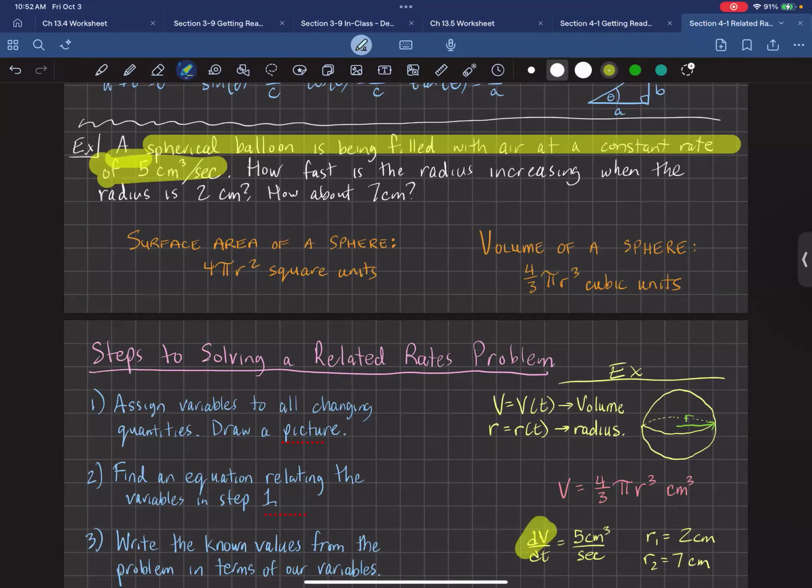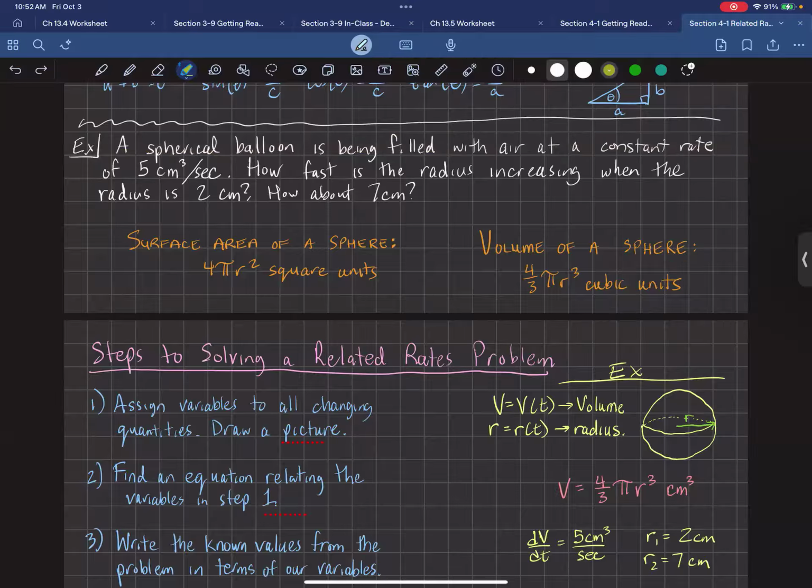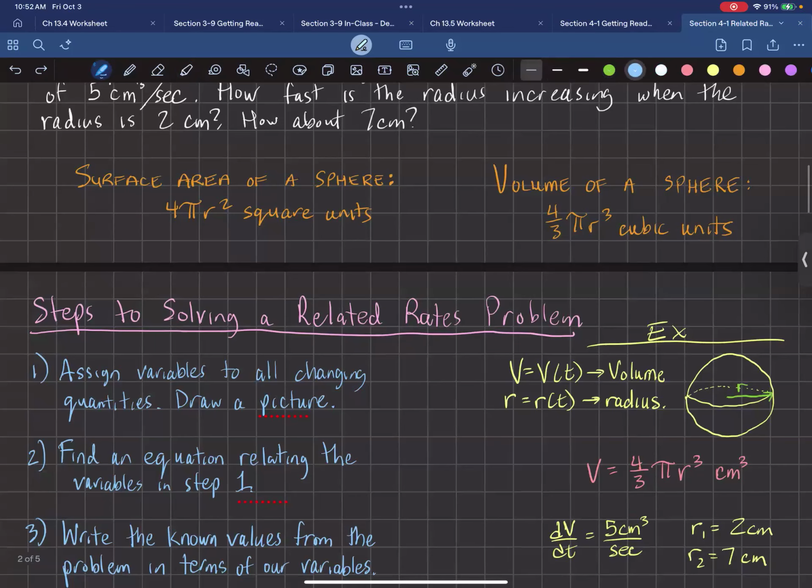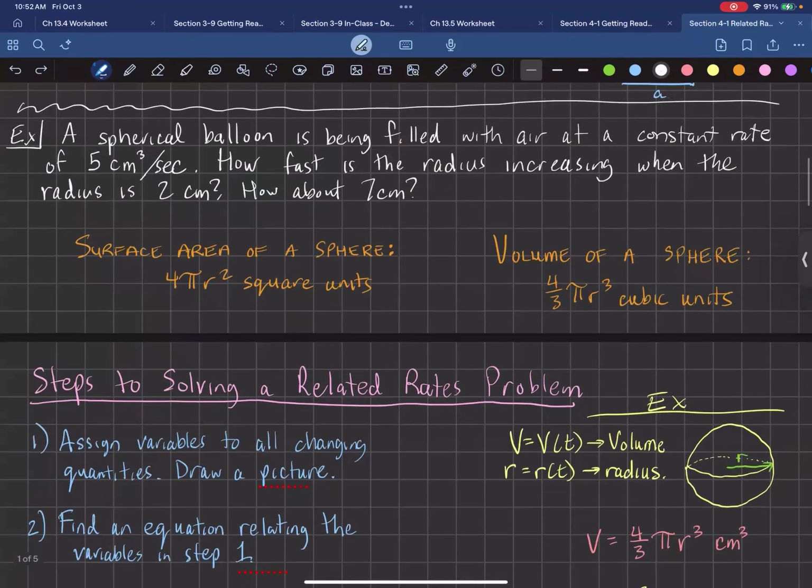So that's dV/dt right here. And this says, how fast is the radius increasing when it's 2 centimeters, 7 centimeters. So I listed them as two different radii, and we'll look at doing both in a second. Those were the only numbers given: 5, 2, and 7.